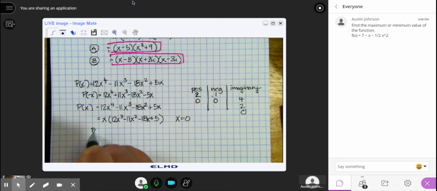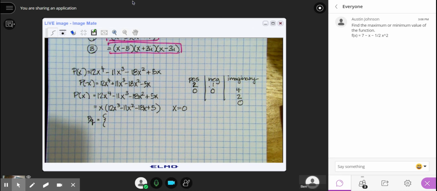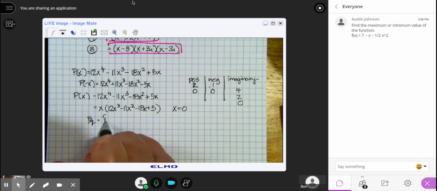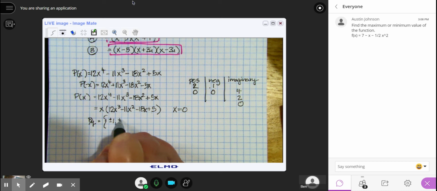So then when I do my p over q for all possible rational solutions. This is going to be a little tedious, guys. Okay. So we can have a plus or minus 1, and we can have a plus or minus 5.